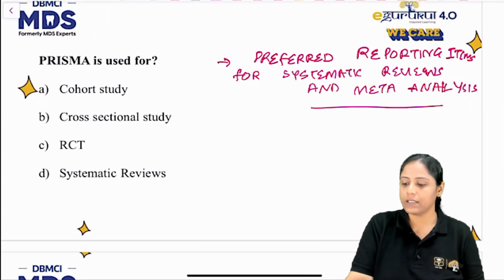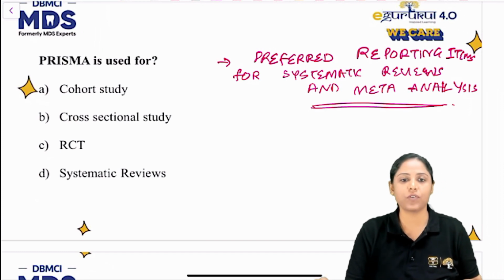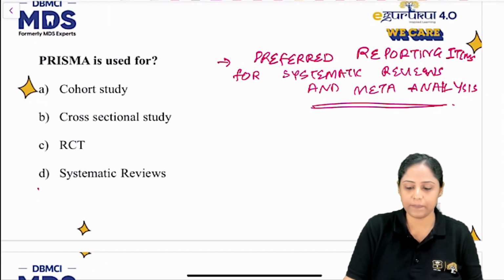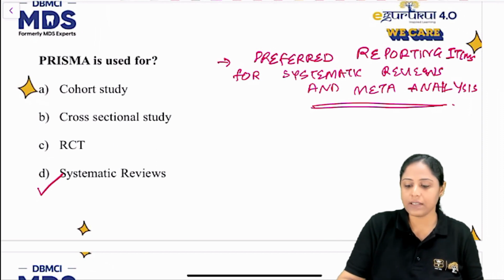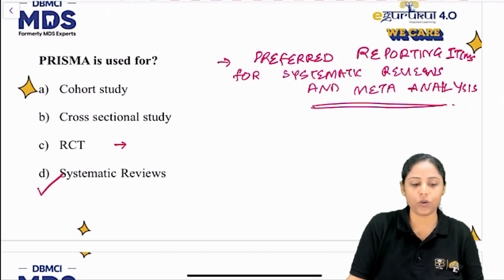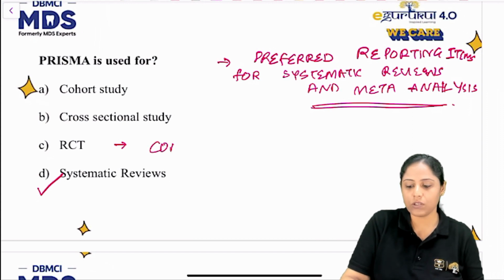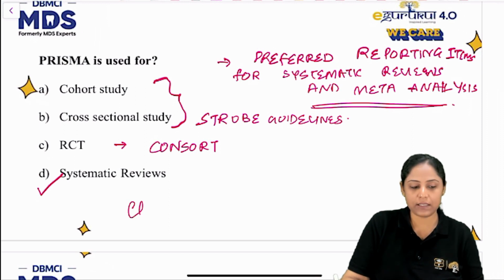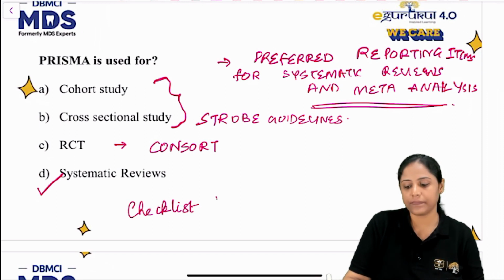So when we see the full form, we know that the right choice is D. For RCT, the checklist for quality assessment is CONSORT guidelines, and for cohort study and cross-sectional study, it is the STROBE guidelines. So these are checklists for quality assessments of the study designs.